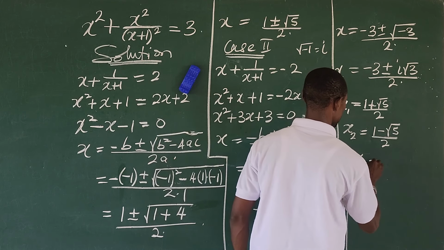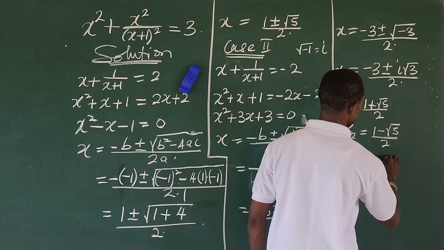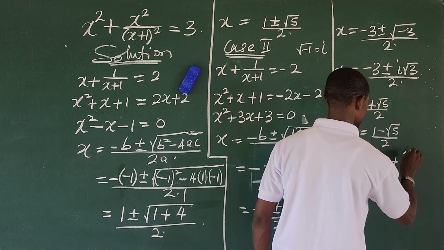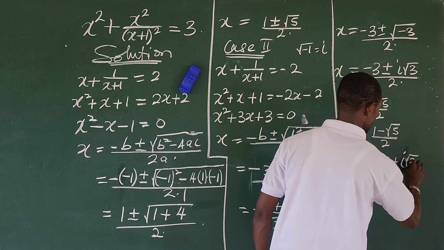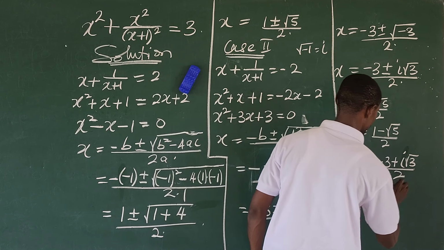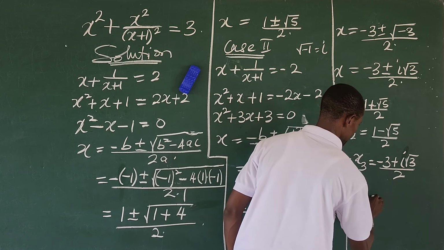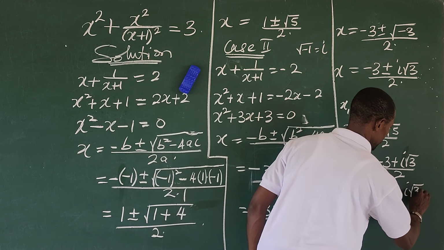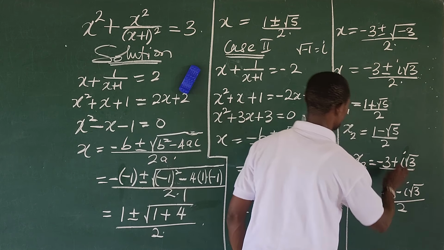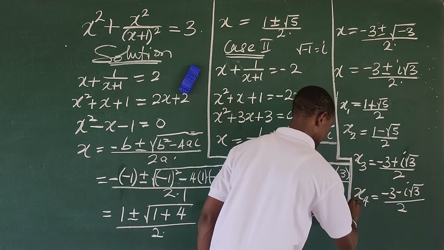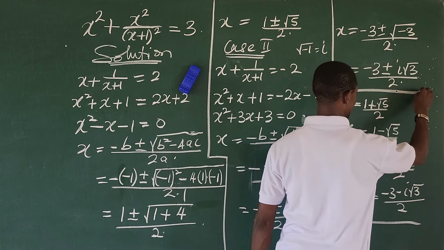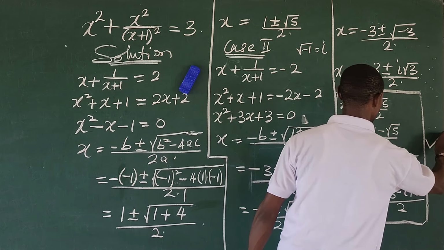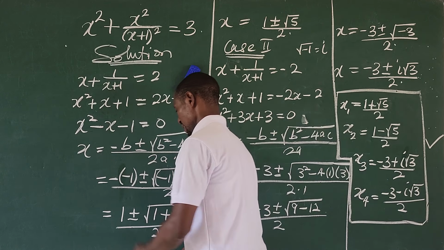The x3, we have minus 3 plus iota root 3 all over 2. And our x4 is minus 3 minus iota square root of 3 all over 2. So these are the 4 roots to this challenge.